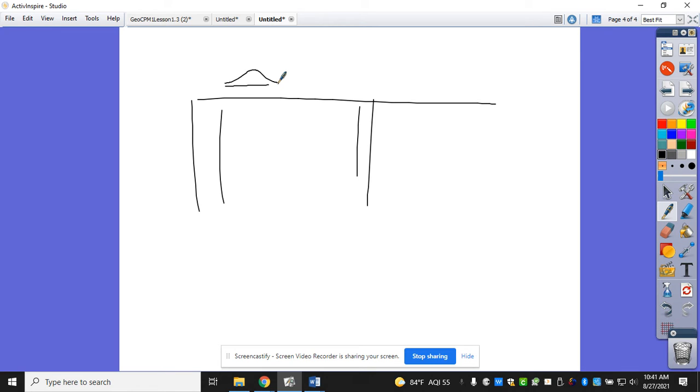Just like that. And I always draw 0 as my reference. Let's go ahead and do that for the right side as well. I'm not telling you what to do on them yet, but you've got something as a reference for the left side and something as a reference for the right side.